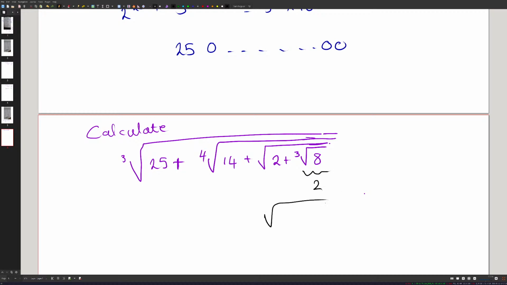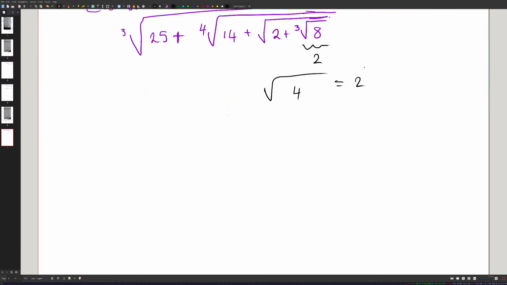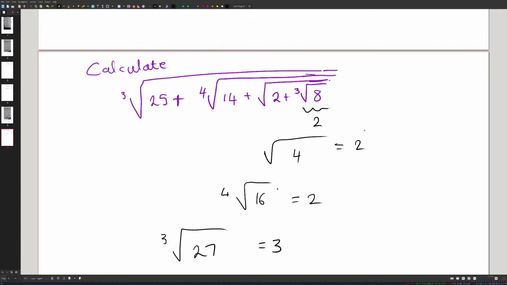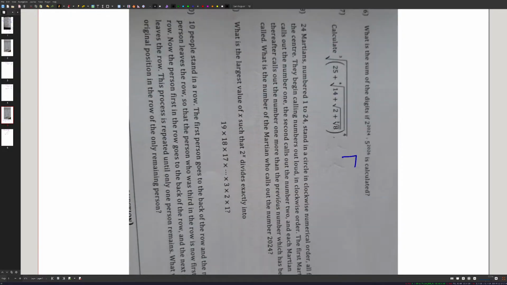So the square root of 2 plus 2 is the square root of 4, which is 2. Then the fourth root of 14 plus 2 is the fourth root of 16, which is 2. And so then we're looking for the cube root of 27, which is 3. And so the final answer for this question is 3.